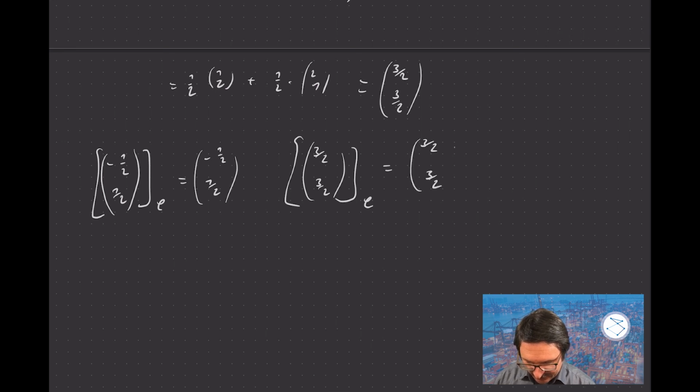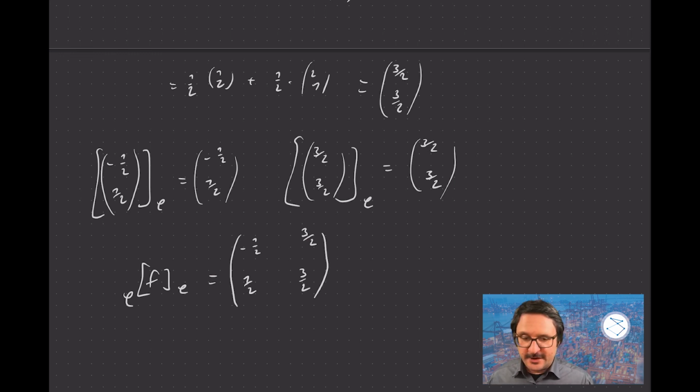So here's our matrix representation, F_CC. The first column is the image of the first basis vector, (-1/2, 1/2), and the second is the image of the second basis vector, (3/2, 3/2). This is the matrix representation with respect to the standard bases in both domain and codomain.